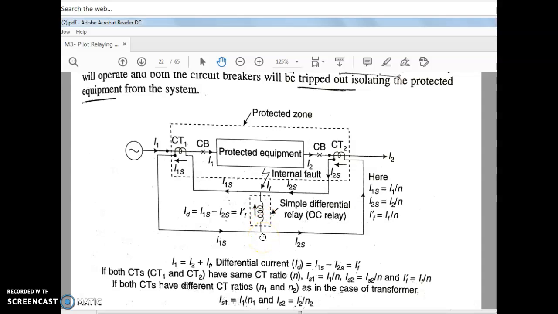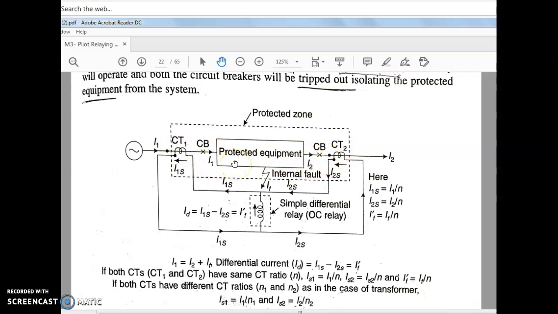The relay detects the extra current, that is, if it is more than the predetermined current difference, the relay starts operating and sends the signal to the circuit breaker to trip the circuit. This is what happens if a fault occurs within the zone of protection, within the CT locations.